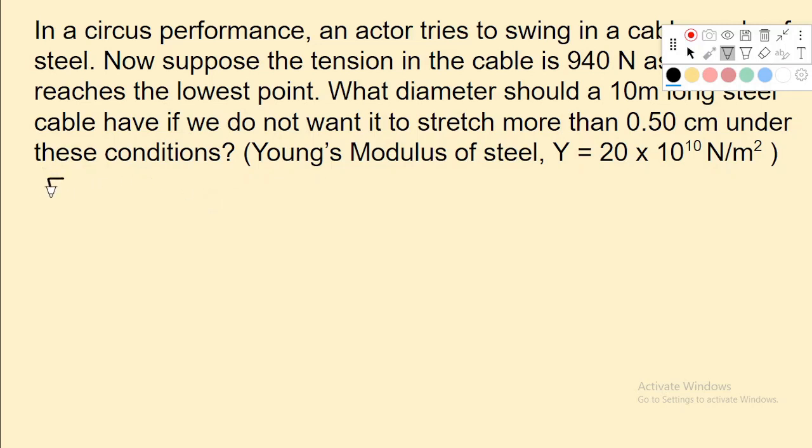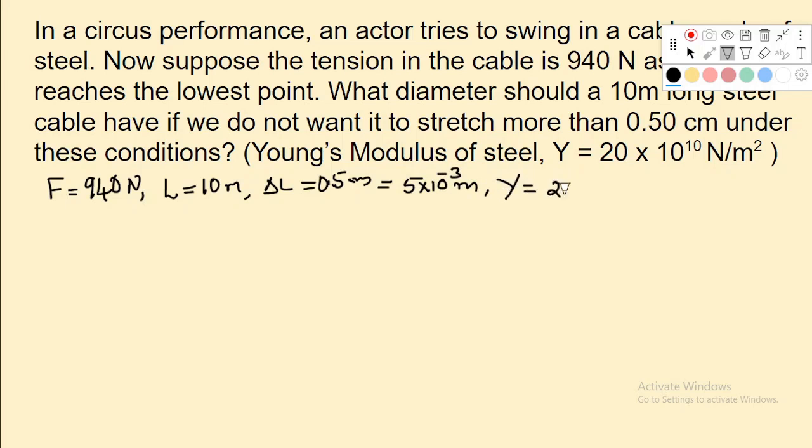Let us write the load acting on the cable is 940 Newton, the initial length of the steel cable is 10 meter, and the maximum extension is 0.5 centimeter, that we can convert into meter, that is 0.5 into 10 raised to negative 2, that is 5 into 10 raised to negative 3 meter, and the Young's modulus Y is given as 20 into 10 raised to 10 Newton per meter square.